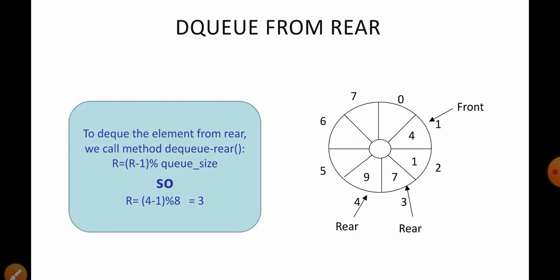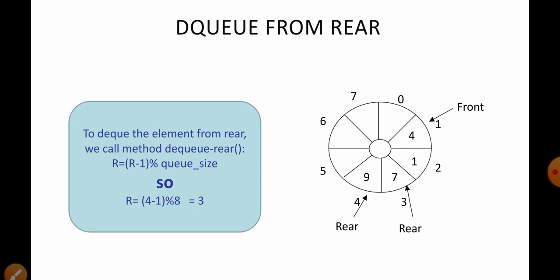Consider this one where the element we want to deque is from the rear end. This is slightly different, as we have to modify the formula as per our requirement. To deque the value from the rear end, we will use the formula rear is equal to rear minus 1 mod queue size.